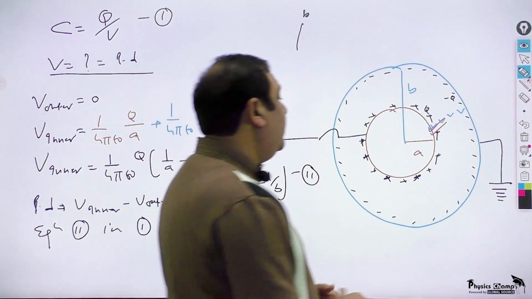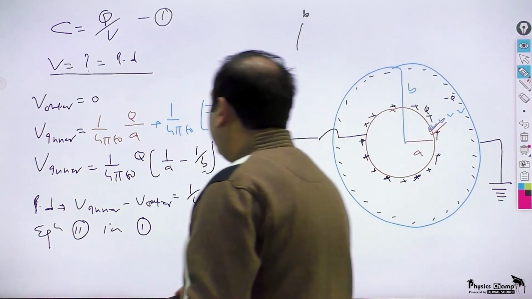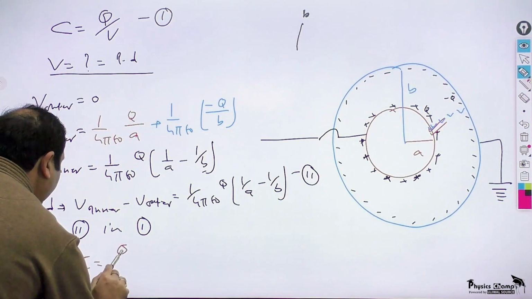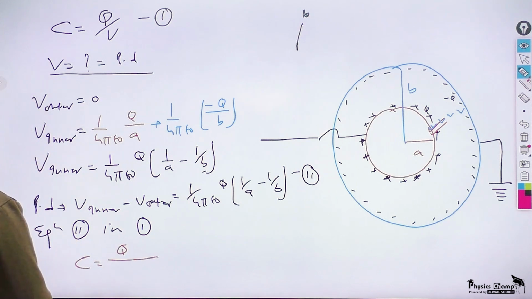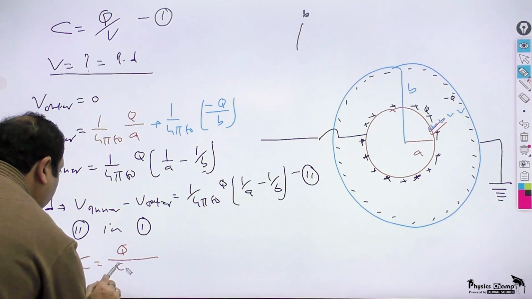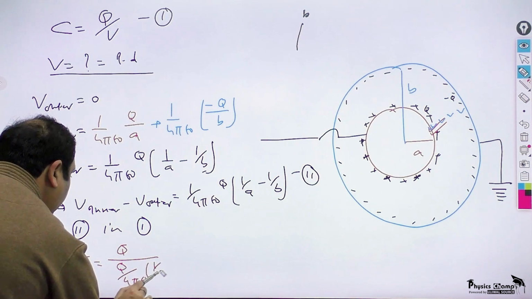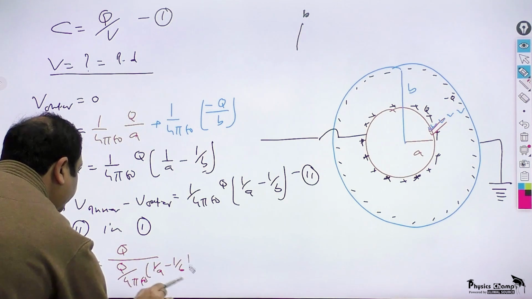So if I introduce equation second in 1, I am getting capacitance as Q by potential difference. So this is Q by 4 pi epsilon naught into 1 by A minus 1 by B.